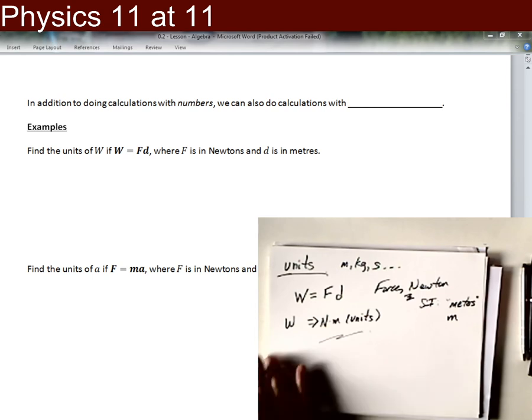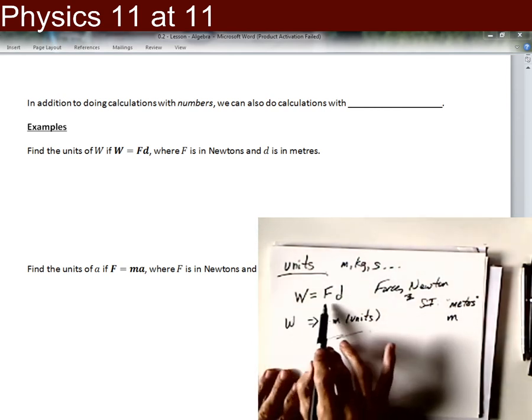This topic has to do with the units. So W is equal to F times D.